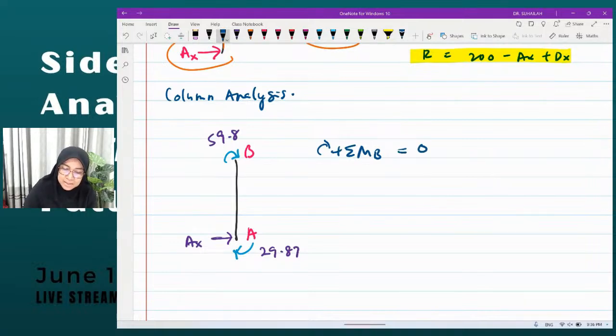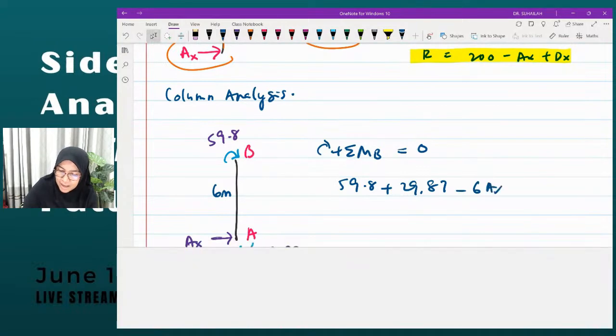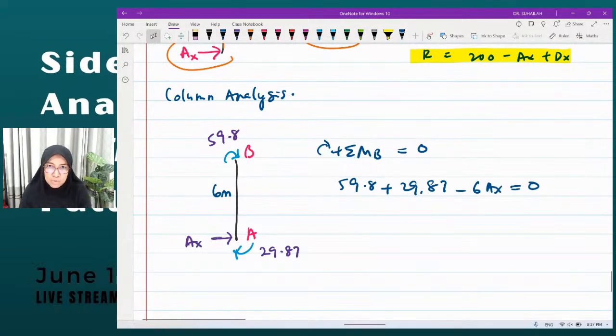So to calculate AX, it is 59.8 plus 29.87, and this is 6 meter. We minus 6 AX equal to 0. This is just like we analyze a simply supported beam.